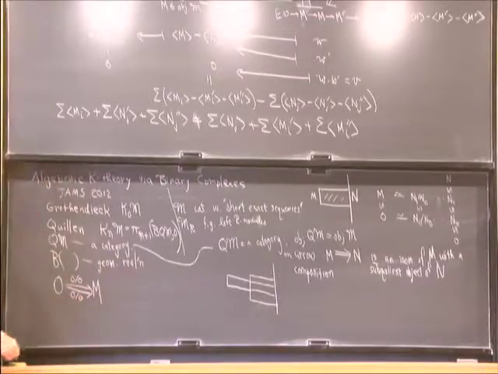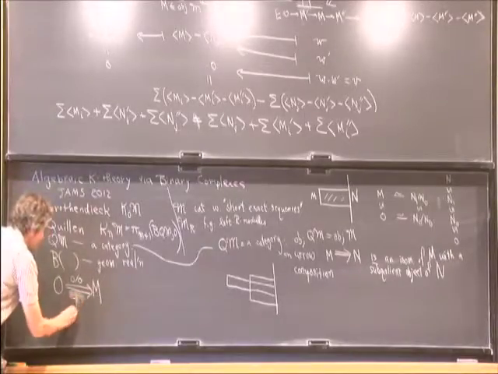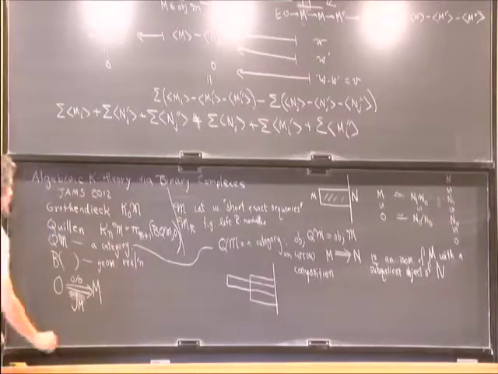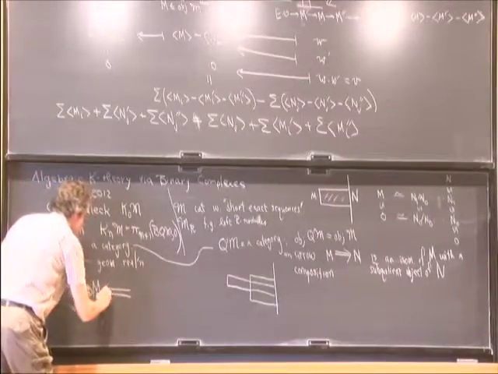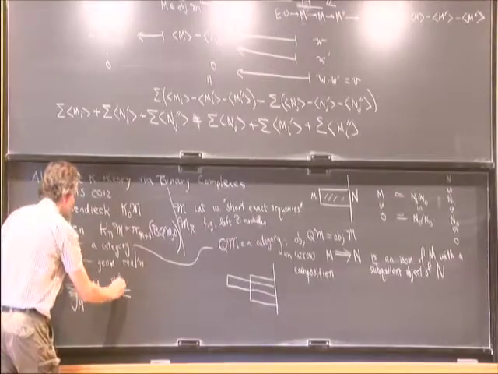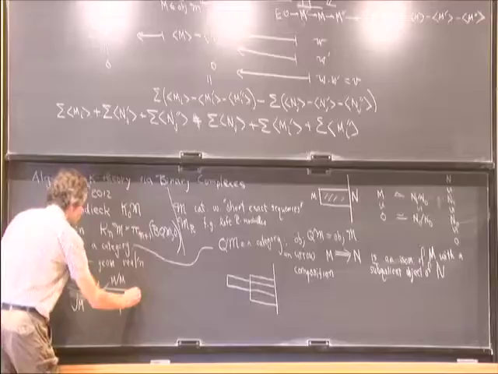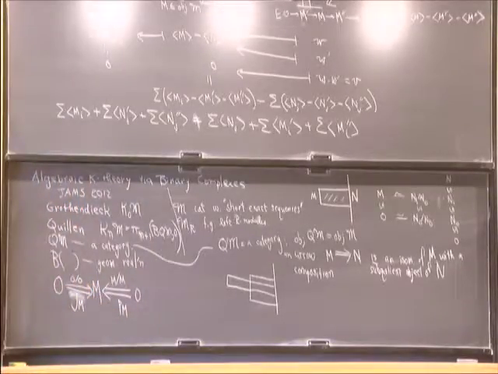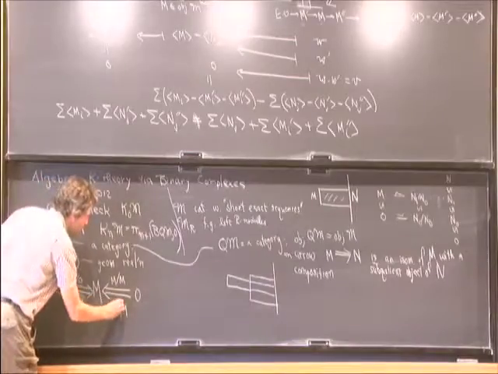So 0 is isomorphic to 0 mod 0. And so we'll name this J sub M. J is supposed to imply that that's sort of injective. And then the other way to think of 0 as a subquotient is as a quotient object of M. Think of it as M mod M. And we get an arrow from 0 to this. And so I'm going to call that Q sub M.